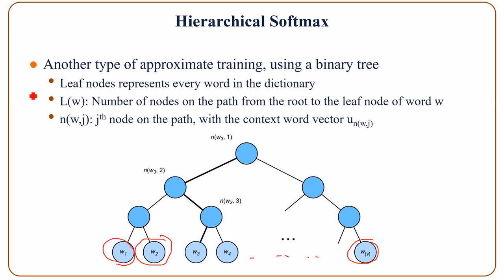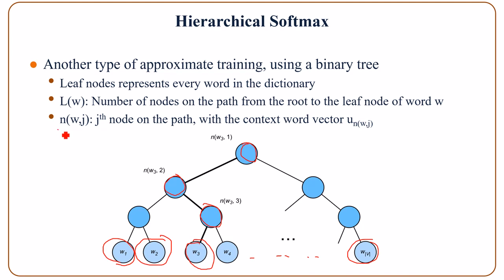For the word W, LW is the number of nodes on the path from the root to the leaf node of the word W. For example, LW3 would be equal to 4 because there are 4 nodes: the root is the first, then the second, the third, and the fourth.